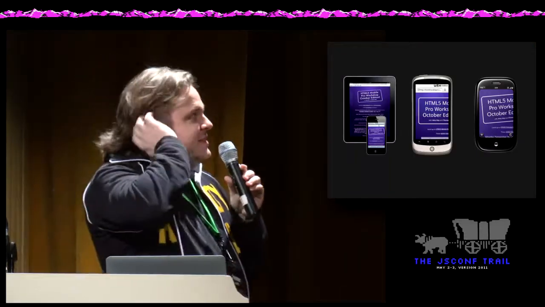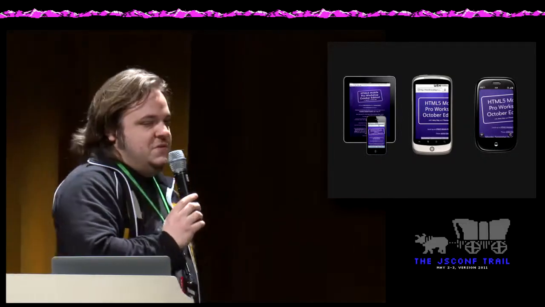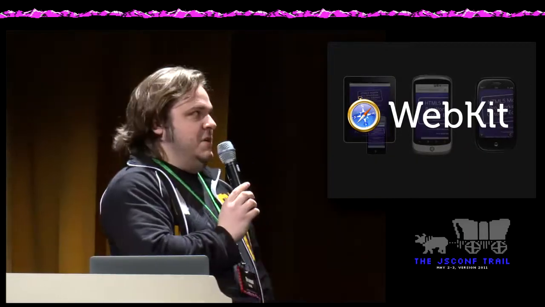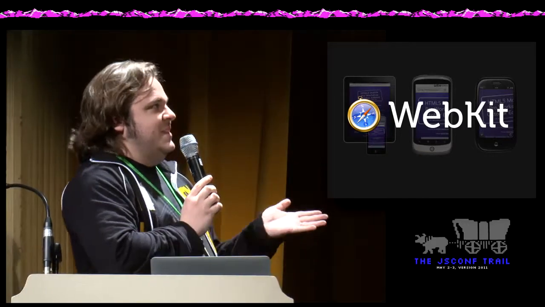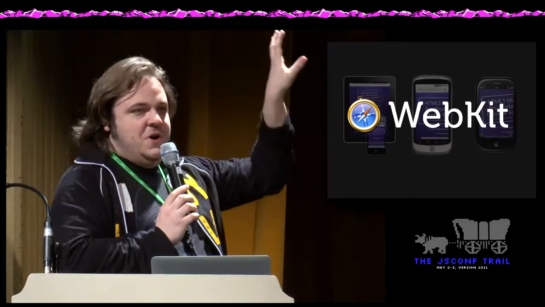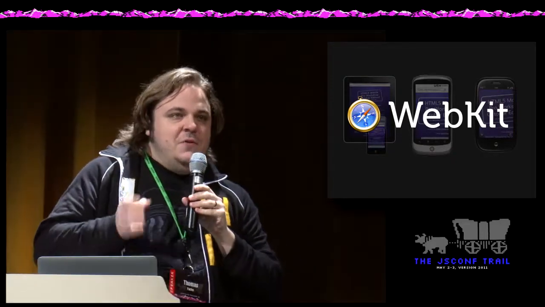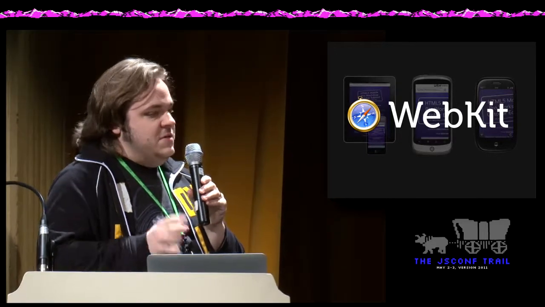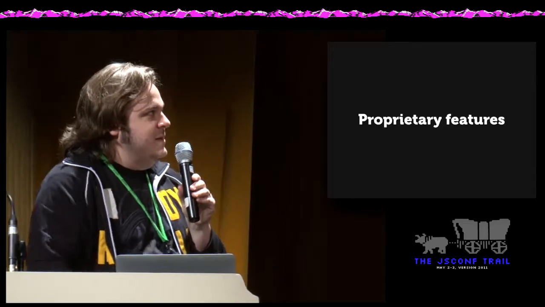So again, there's a commonality between those devices here. Each of those devices actually uses WebKit in their browsers. There is Firefox now for Android, but all of these devices come with a browser that's based on WebKit. We had some talks earlier at JSConf that talked a little bit about this. It's very interesting that WebKit has a lot of proprietary features.